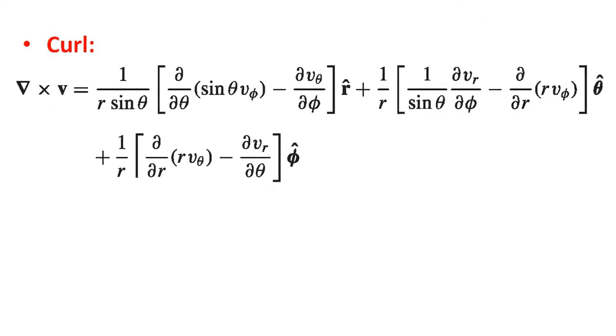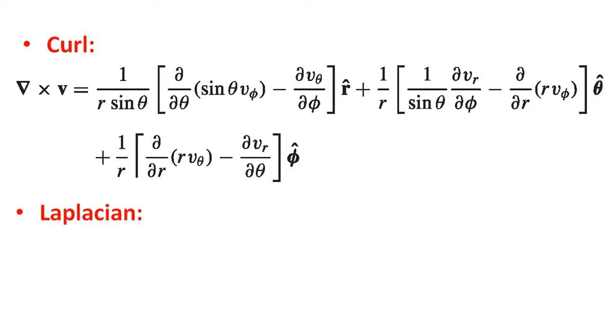Next vector derivative is the curl. The curl del cross v in spherical coordinate is given by 1 by r sin theta into dot by dot theta of sin theta v phi minus dot v theta by dot phi r cap plus 1 by r into 1 by sin theta dot vr by dot phi minus dot by dot r of r v phi theta cap plus 1 by r into dot by dot r of r v theta minus dot v r by dot theta phi cap.